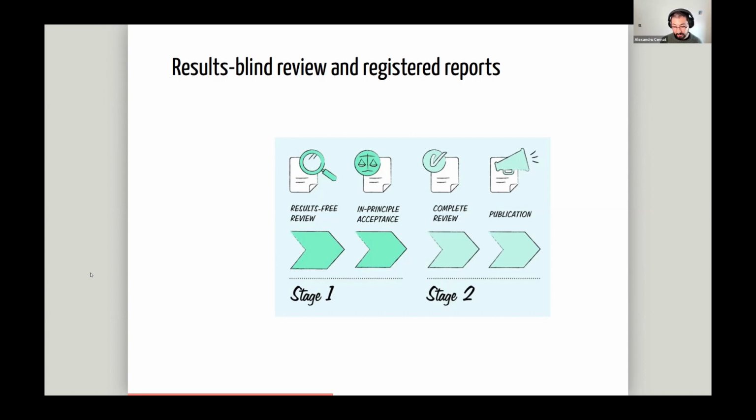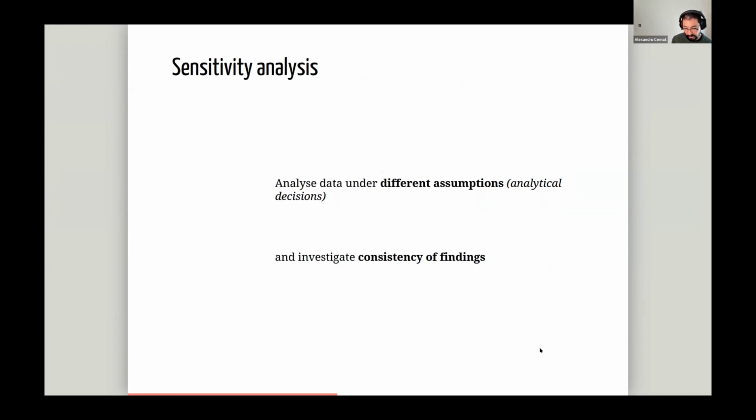And again, this would avoid some of these issues with publication bias, because in principle, it doesn't matter if you have a null result, you are still publishing the findings from the study. So this is a solution where the pre-analysis plan can be reviewed, to help increase the chances of publishing regardless of the findings from the analysis.